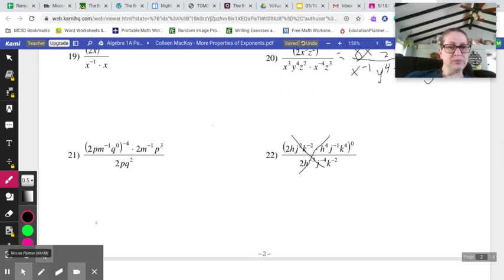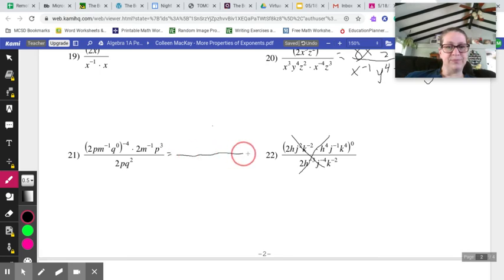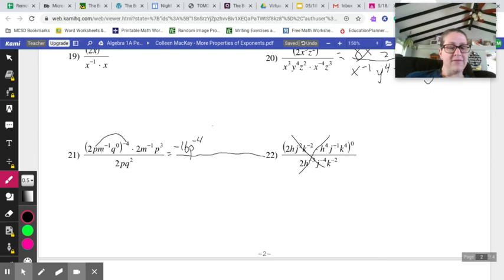Okay, so let's look at number 21. Okay, I have 2 to the negative 4th power, which is 16. P raised to the negative 4th power is p to the negative 4. Okay, now I have m to the negative 1, and I'm going to multiply them.